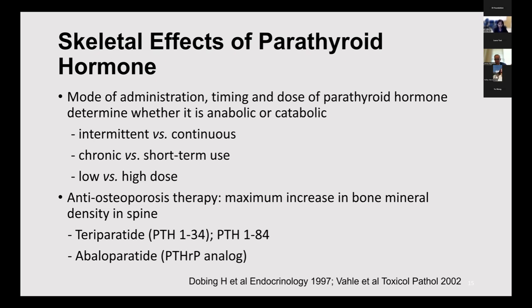We also know that both teriparatide, which is PTH 1-34, and abaloparatide, which is a PTHRP analog, are used in the treatment of osteoporosis. And the maximum increase in bone mineral density from use of either of these peptides is seen in the spine.